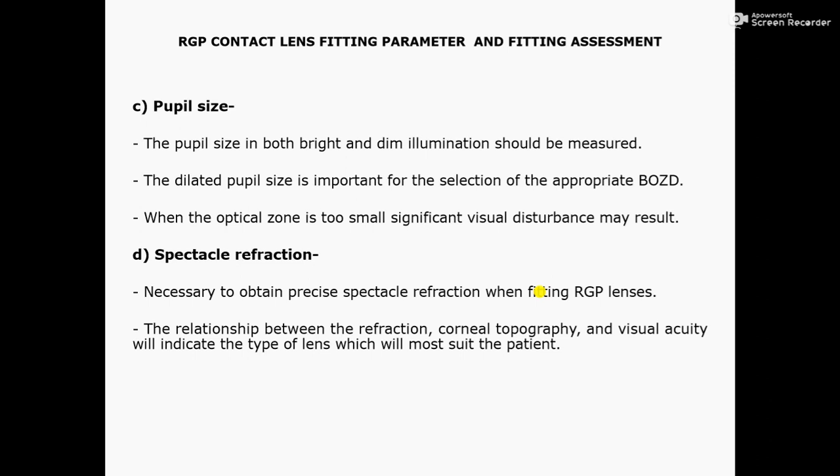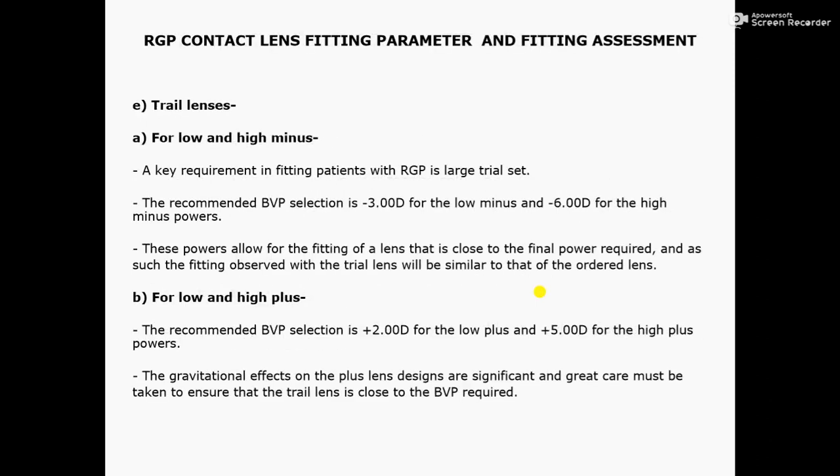Next, number E, trial lenses, for low and high minus. Here, a key requirement in fitting patients with RGP is a large trial set. The recommended back vertex power selection is -3 diopter for the low minus and -6 diopter for the high minus power.